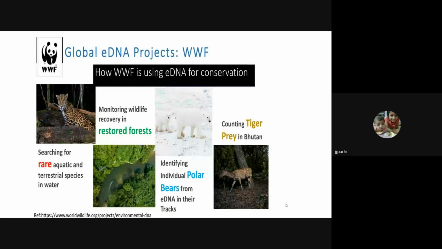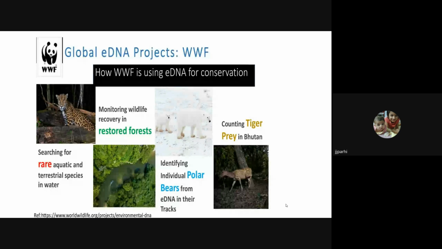So from the rain or a water source, you can collect the eDNA. From there, you can identify that these species are available. You cannot physically go deep inside the jungle to find out whether they are there or not. So this helps in monitoring the wildlife.